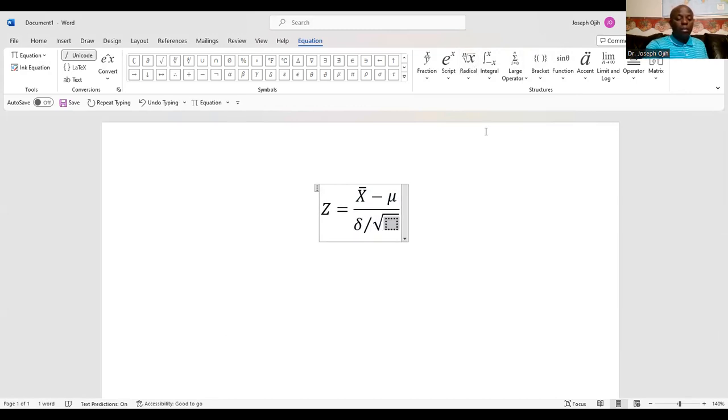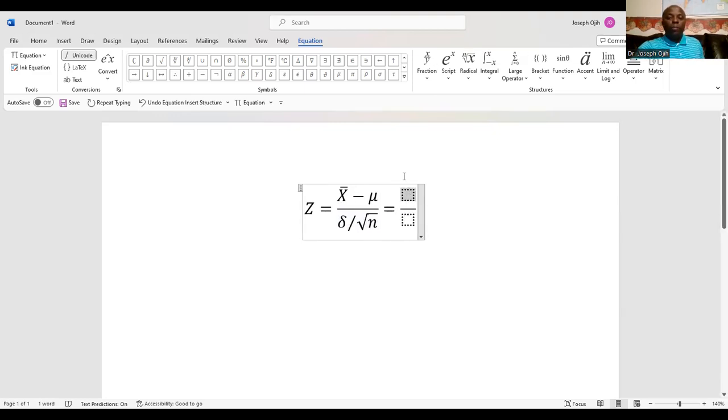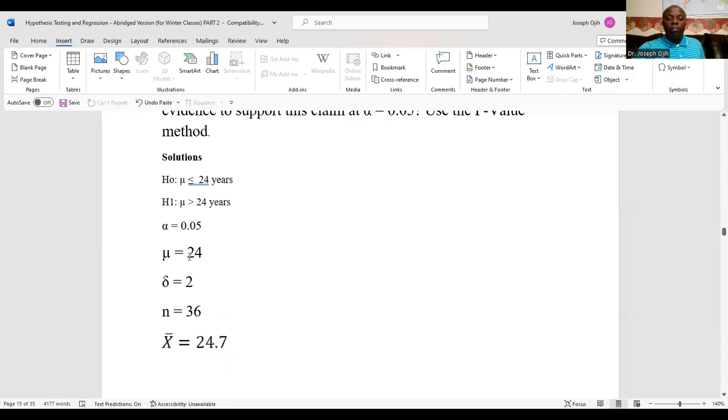If you look at our question, you see where I listed them. X bar is 24.7, mean is 24, standard deviation is 2 and n is 36. So we go and put them in.